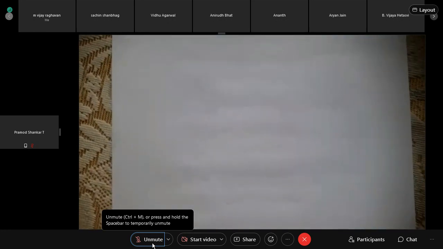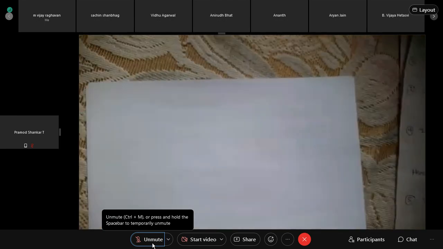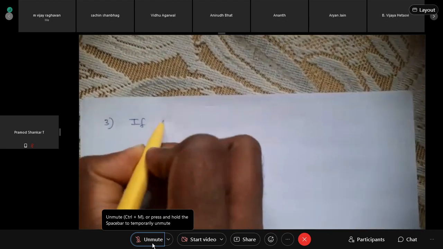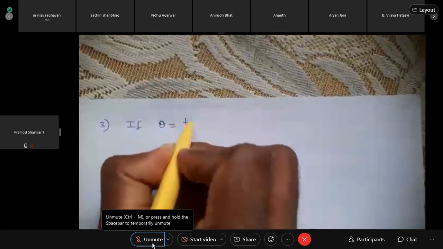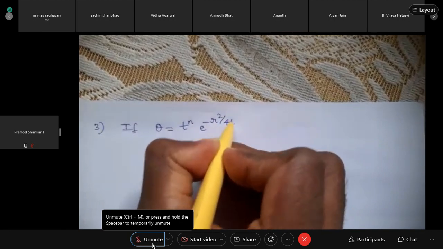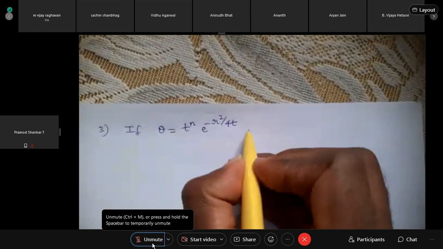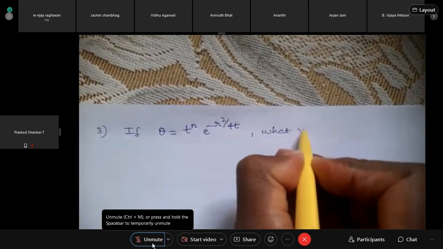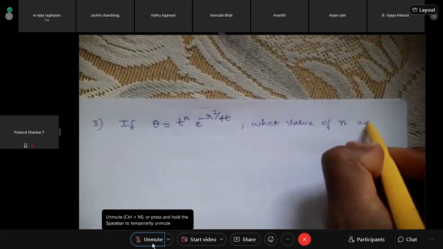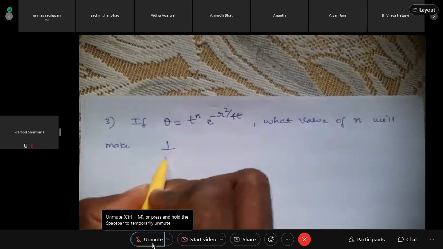Let me try one complicated problem now. If theta is equal to t to the power of n, e raised to the power of minus r square divided by 4t, this is our theta, then similar to the first question, what value of n will make this relation true?